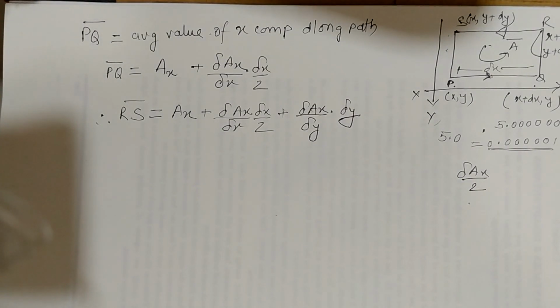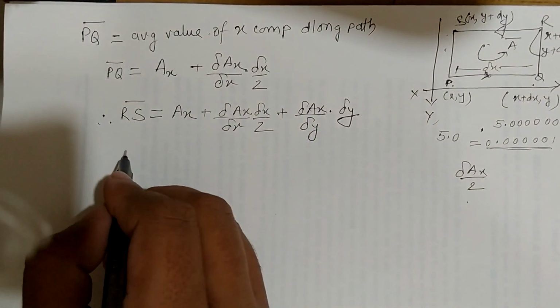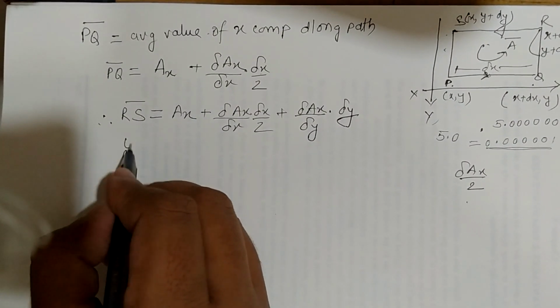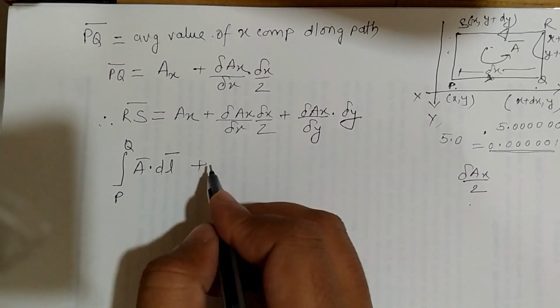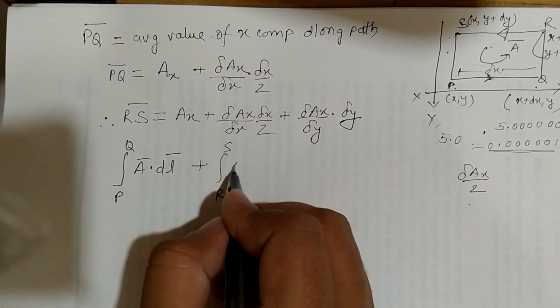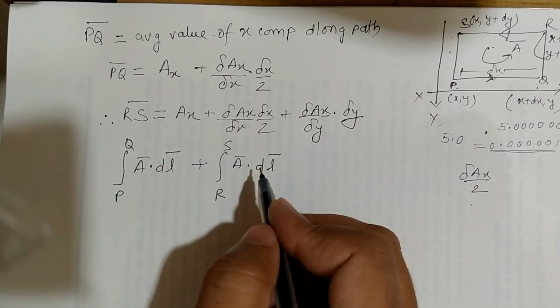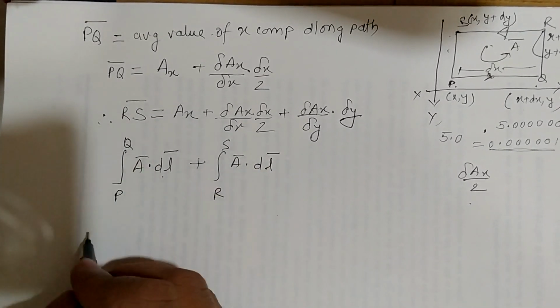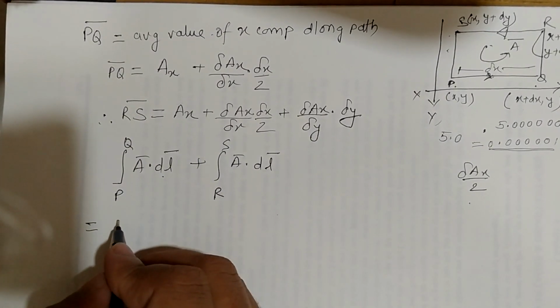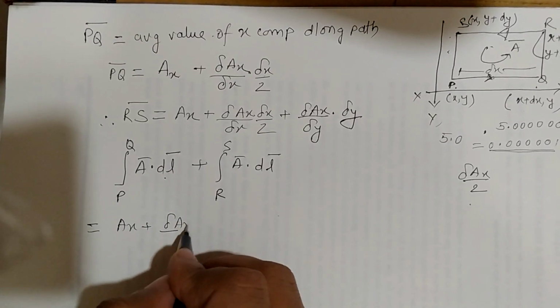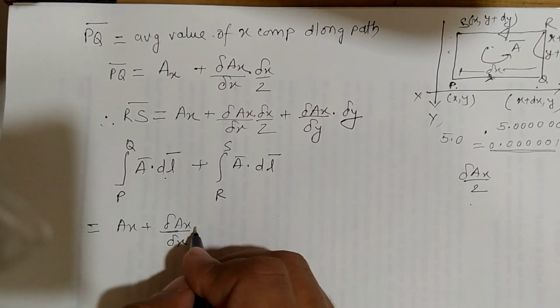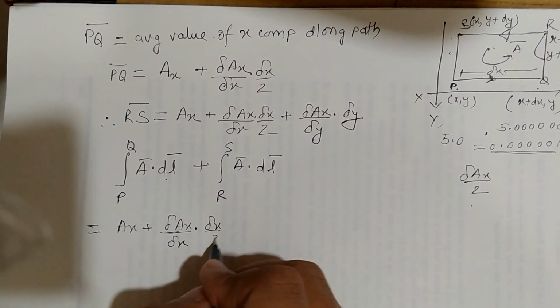Now we know that since PQ and RS have the same magnitude but the direction will be opposite, if we are going to calculate the value of the integral from P to Q of A bar dot dl bar plus the integral from R to S of A bar dot dl bar, it becomes, for PQ, the value equal to (Ax plus delta Ax by delta x into delta x by 2) into delta x.